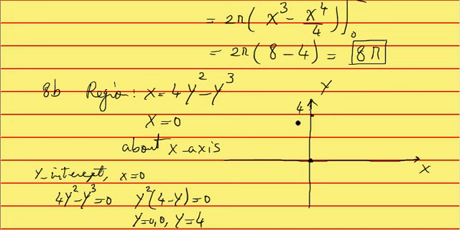So this is the graph of 4y squared minus y cubed. Now x equal to 0, of course, is just the y-axis.